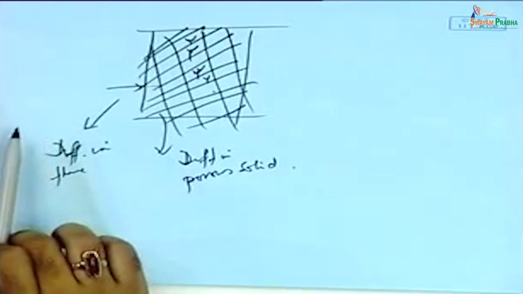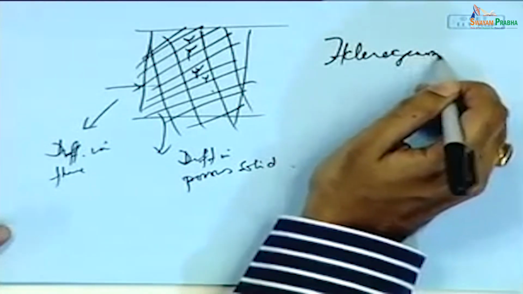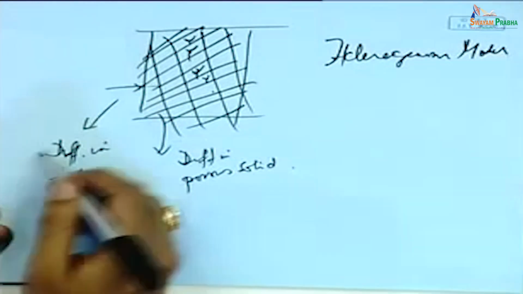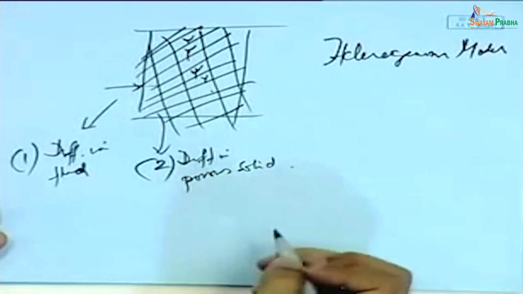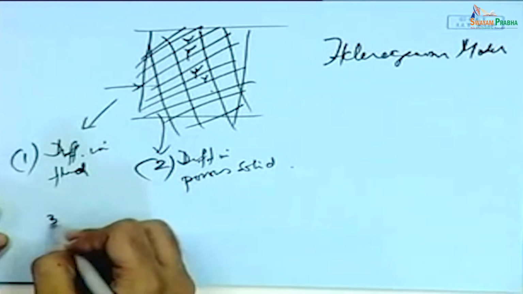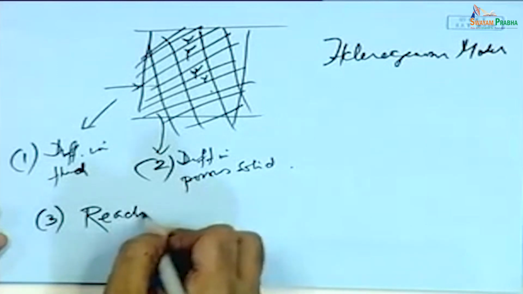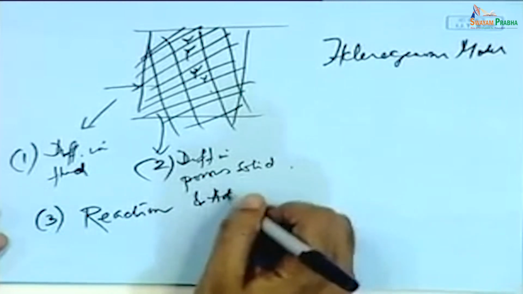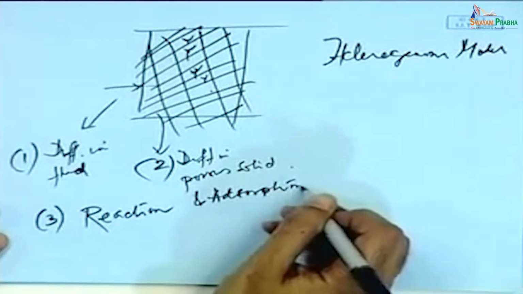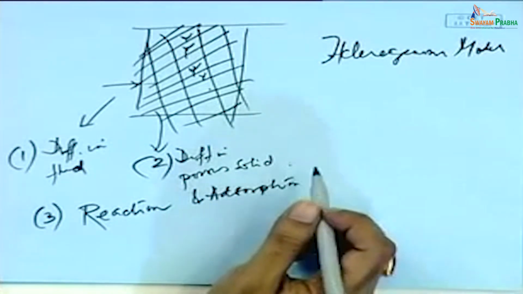So if I am to do a heterogeneous model of this, my step 1 is diffusion in fluid. Step 2 is diffusion in porous solid. Then step 3 would be adsorption, or you can just go straight to reaction if you want. Reaction and adsorption, you can say. But what is the challenge that we face over there?